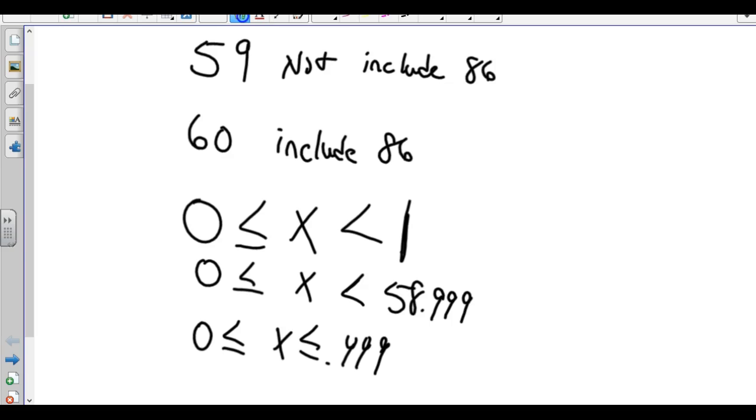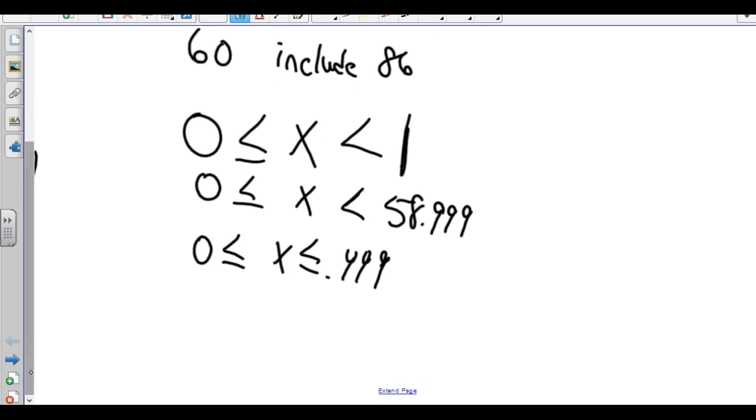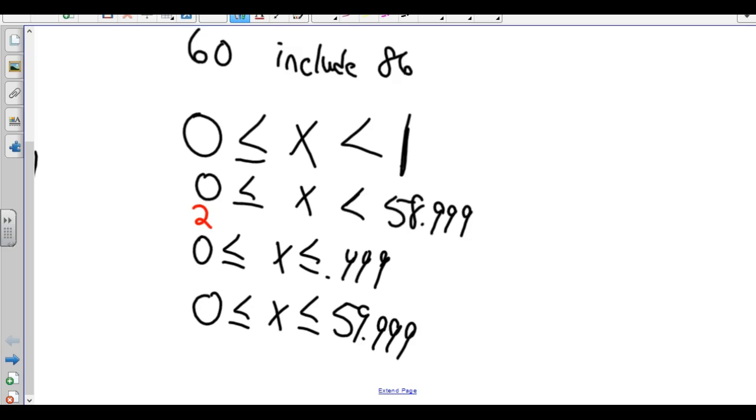So if you multiply by 60, we get 0 less than or equal to x less than or equal to 59.999. Now we can actually get to the 59 that we need, because the 0.999s are going to go away when we do our integer conversion. Add 27 to both. So that's 27. 58 plus 27 should be 86, right? 0.9999, you sure?